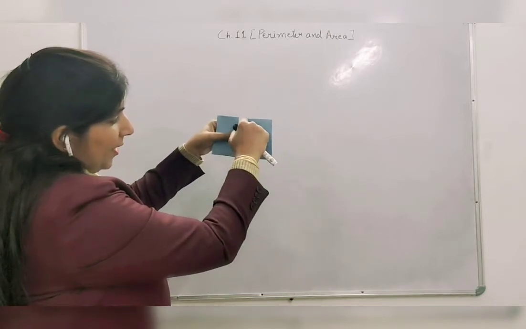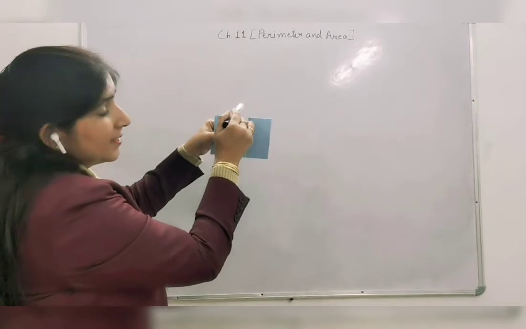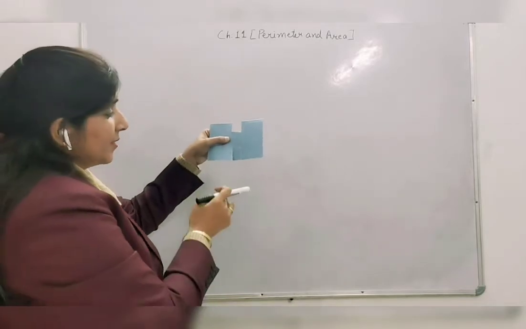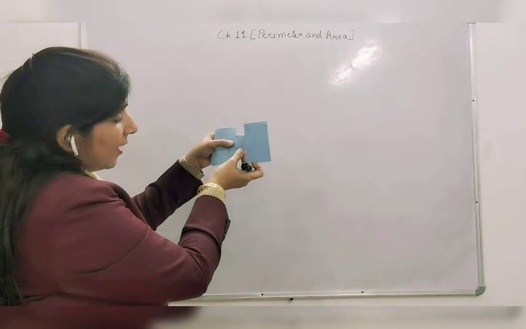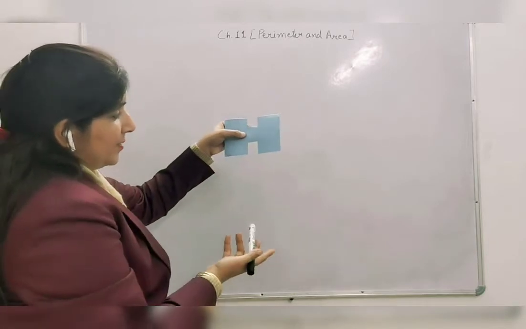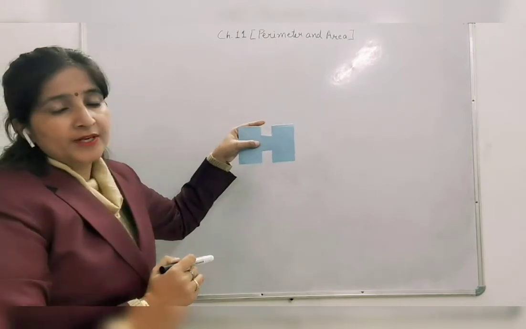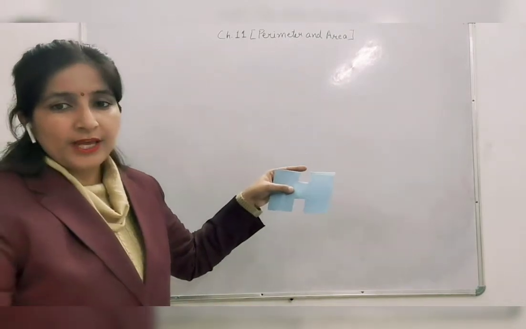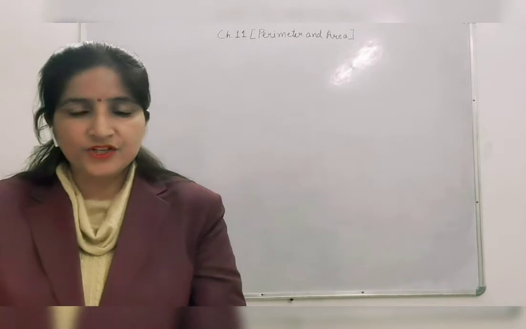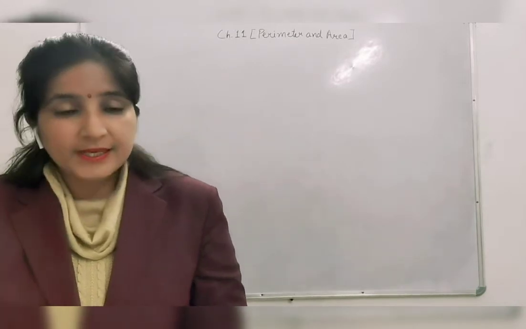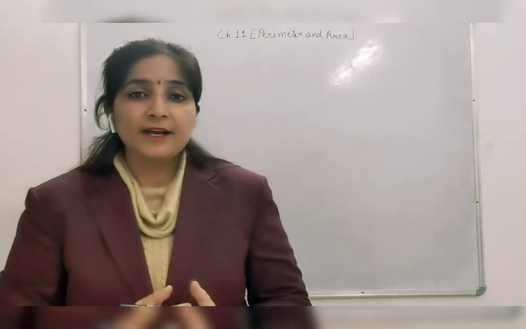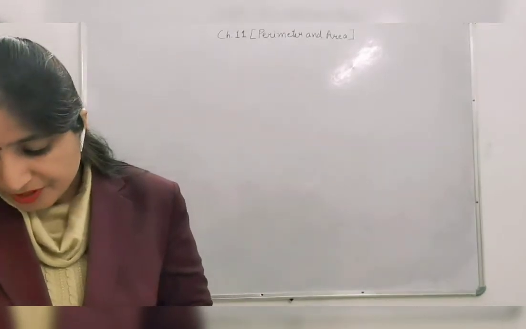Now if I fold it, then the boundary is increased. Similarly, if I fold another part, one more piece, then more area is decreased and the perimeter is increased. So there are conditions in which it is possible that the area decreases and the perimeter increases.